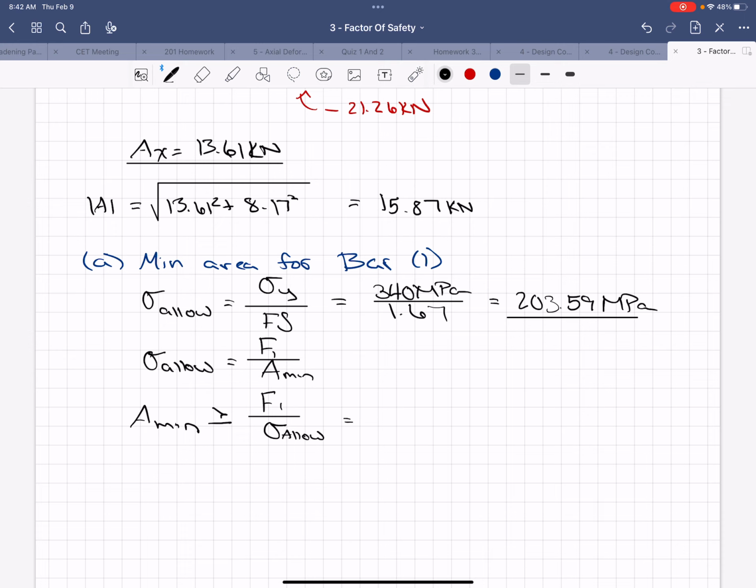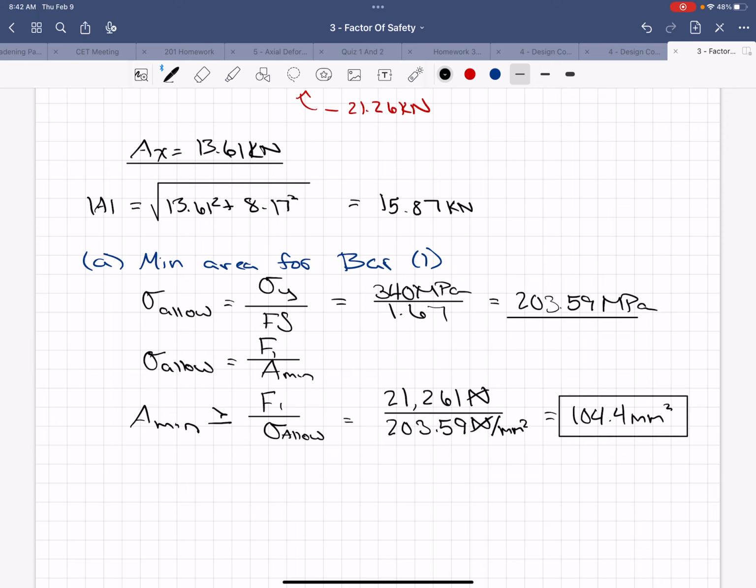And that equals, in newtons, F1 is 21,261 newtons all over the allowable stress of 203.59 newtons per millimeter squared. And we get a minimum area of 104.4 millimeters squared. Answer for part A.